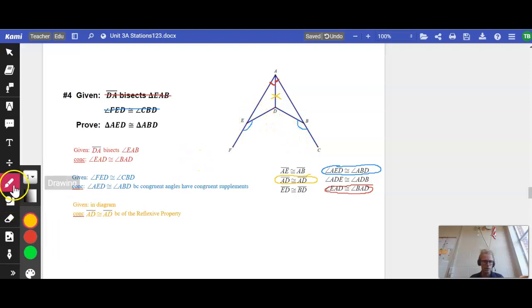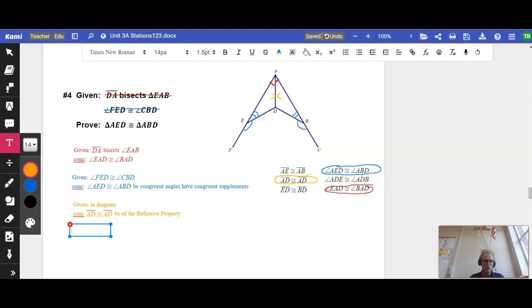Oh, I forgot to mark these angles as well. So let's do this. Boom, boom. Boom, boom. Alrighty. Well, we got three things. Now we can prove these triangles congruent. Hopefully you can recognize the fact that this will be a certain type of triangle congruence. Which one will it be? Think of it while I'm typing this in.